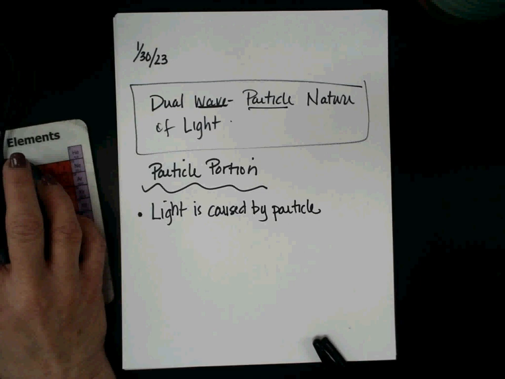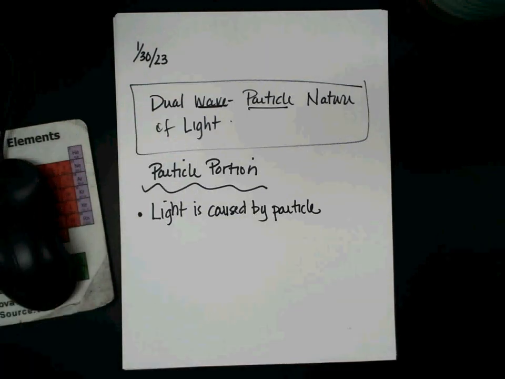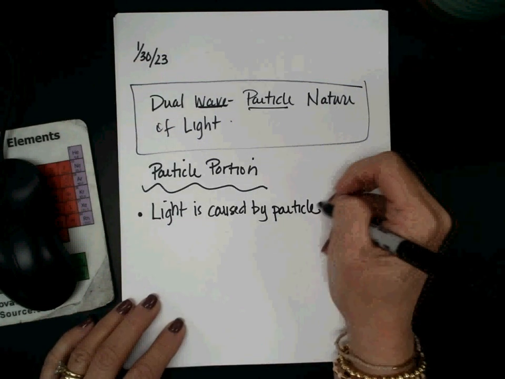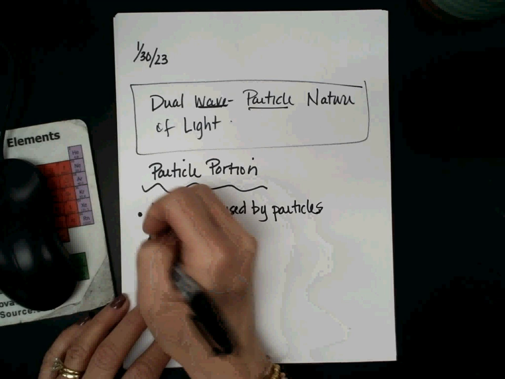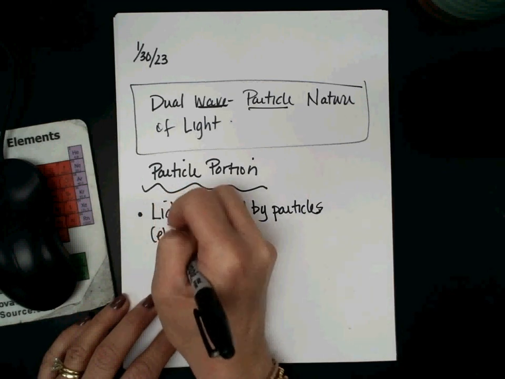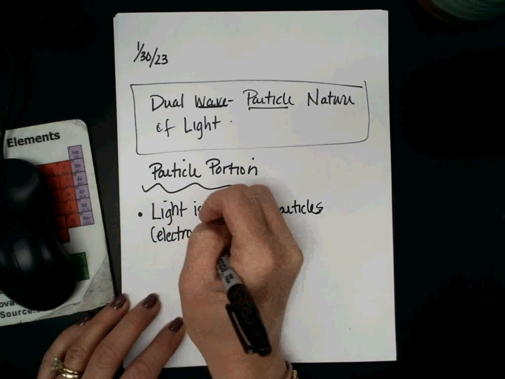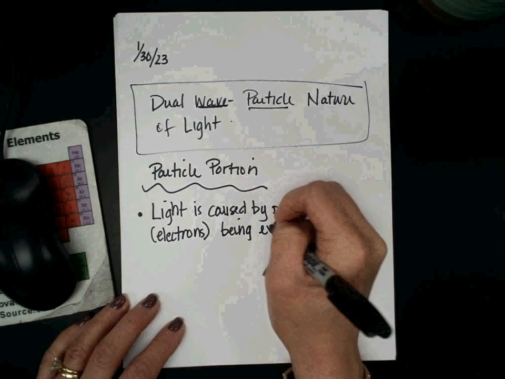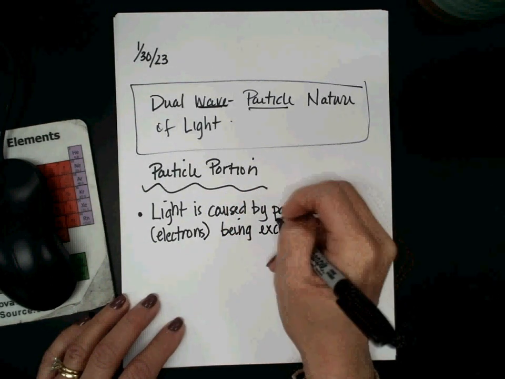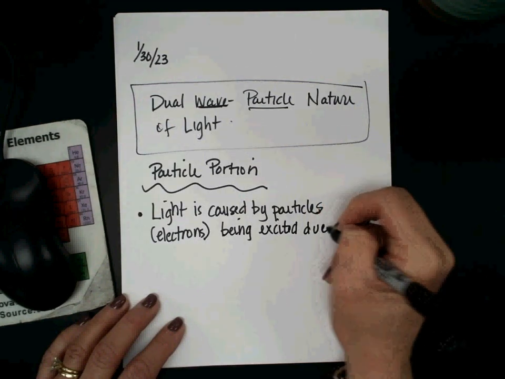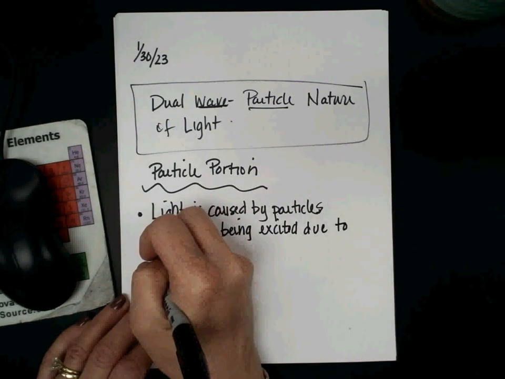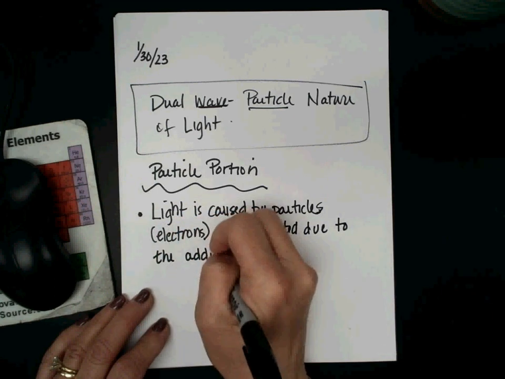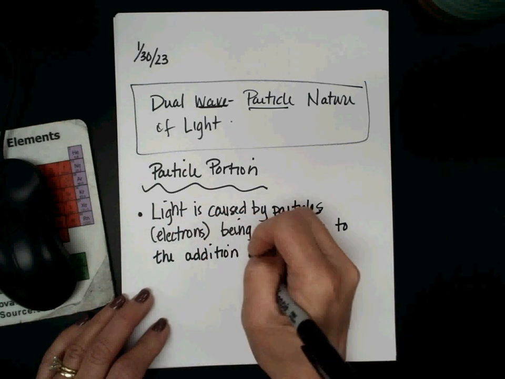Okay, dual wave particle nature of light. Particle portion. Light is caused by particles. Those particles we know are electrons being excited due to, I'm going to say, the addition of energy.